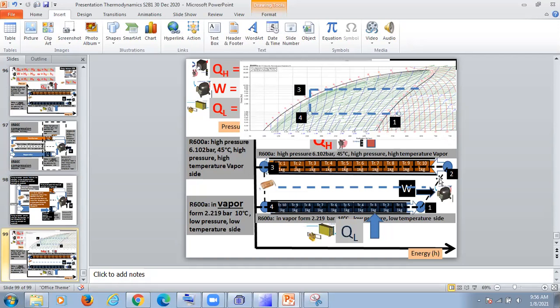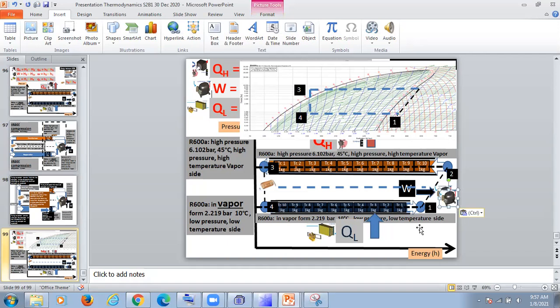Now you can see, as 1 and 2, here also there is an enthalpy increase when compression works.